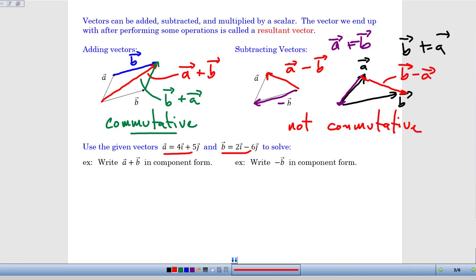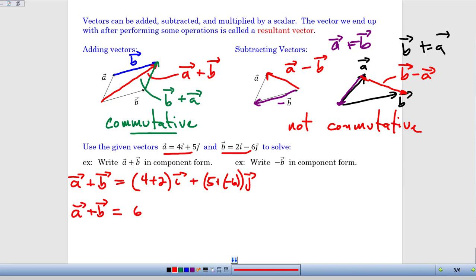But if we're asked to add those two vectors together, then what that means is I'm just going to add together their horizontal components, so 4 plus 2, and that's going to give me my resulting i component, my horizontal component, and then I'm going to do the same thing for the two j components, the two vertical components, so 5 plus negative 6. And so that gives me a resulting vector.